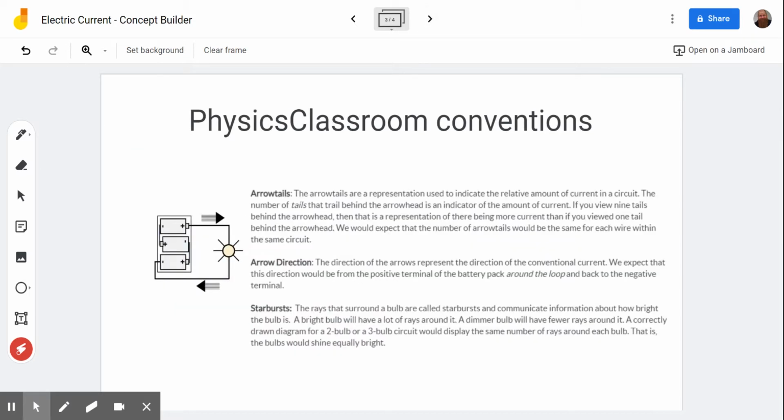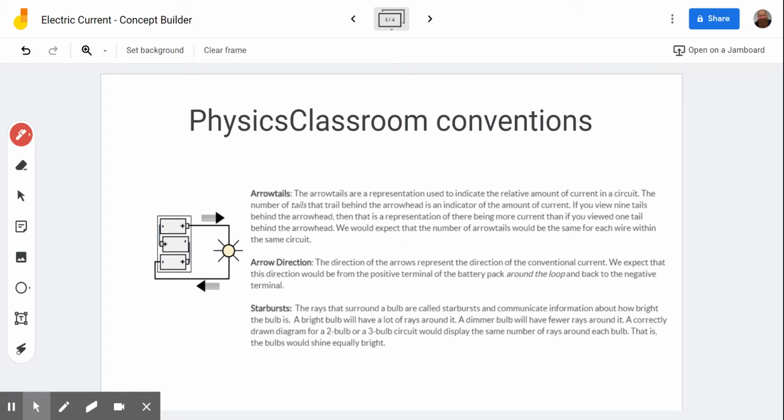All right. A couple of conventions that they use in Physics Classroom that is not super common anywhere else. And that is these 3 things. You can find this under the Help Me section if you'd like. So first of all, the arrow tails. So you see the arrows that represent the current. The number of these little tails that they have on here indicates how strong the current is.